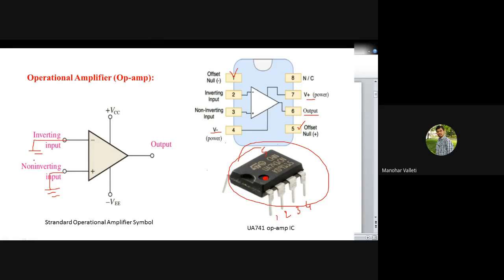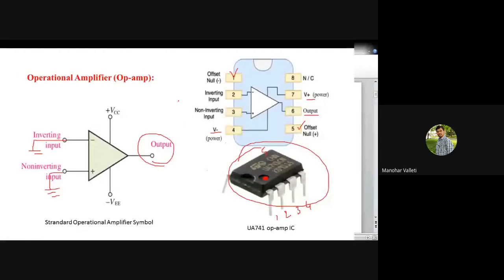If you are applying input 0, you need to get output 0. But a practical op amp will give non-zero output. So to reduce that error, we connect some variable resistance between pin number 1 and 5, and we adjust it to make the output 0. That is one way. There are other ways to make the output of the operational amplifier 0 if you are not applying any input.